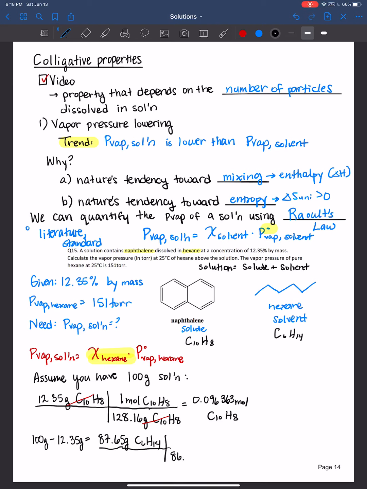Hexane has a molar mass of 86.18 grams per mole, and you get 1.017057 moles of hexane, C6H14.